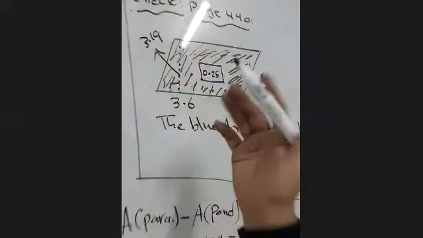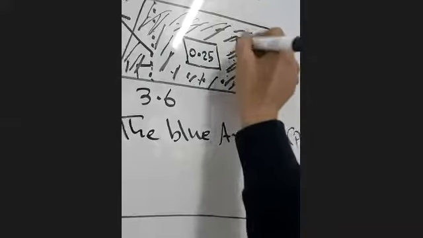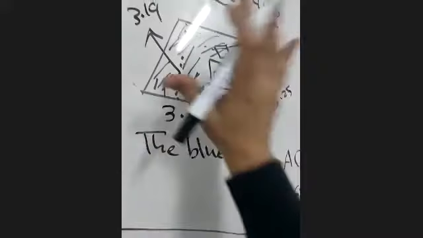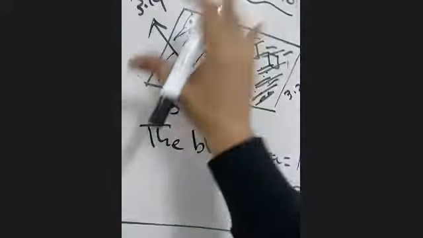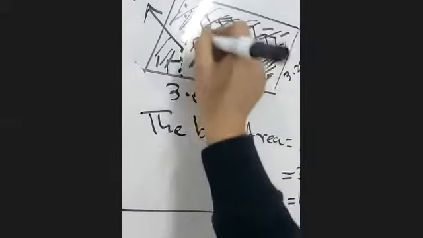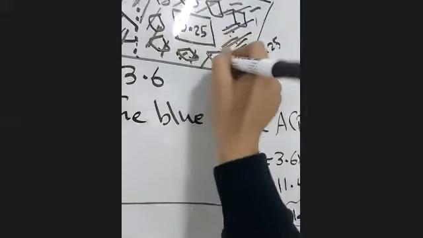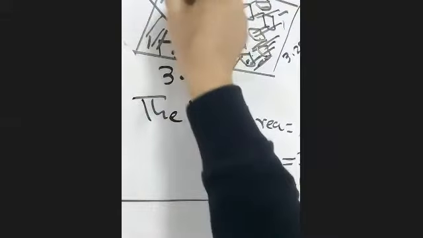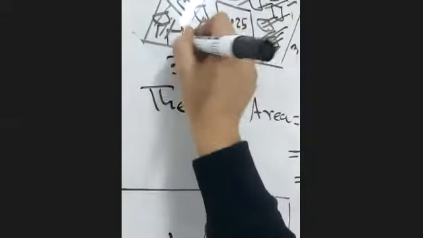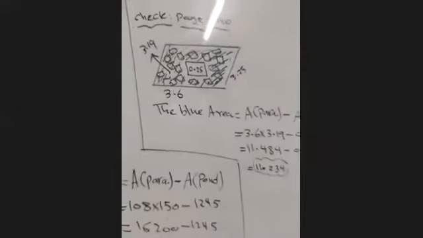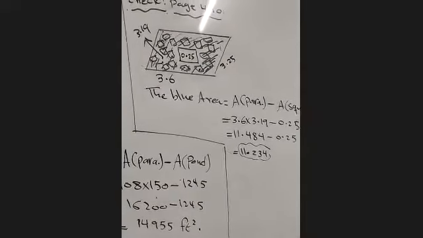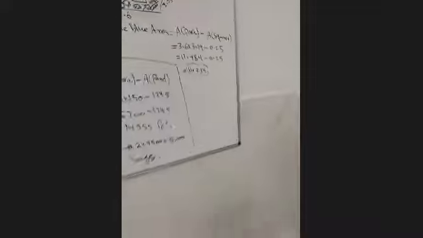Now, the blue area, guys, they want to fill it with other squares, which they call tiles. Each one of them has an area of 0.0625.